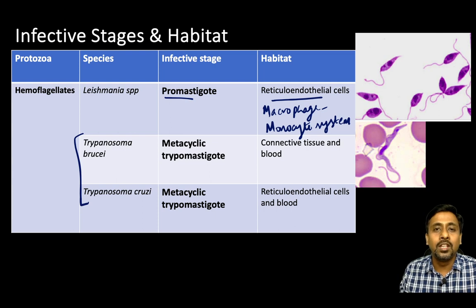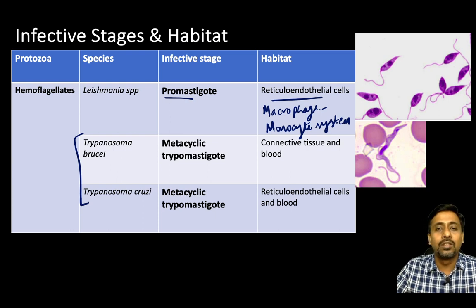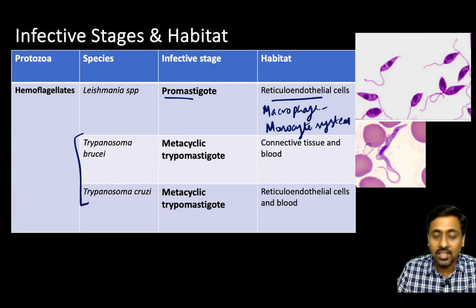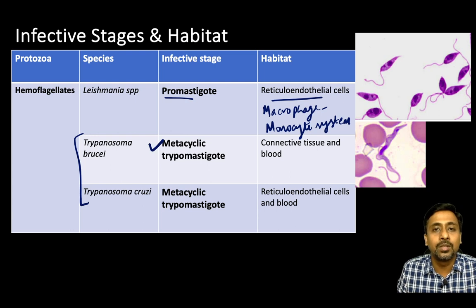The trypomastigote from the human, when ingested by the insect vector, converts into epimastigote and then transforms into metacyclic trypomastigote. That's why it is called metacyclic. In a different cycle, the trypomastigote slightly changes its form, and that is why it is called metacyclic trypomastigote. This metacyclic trypomastigote is the infective stage in both Trypanosoma brucei and Trypanosoma cruzi.